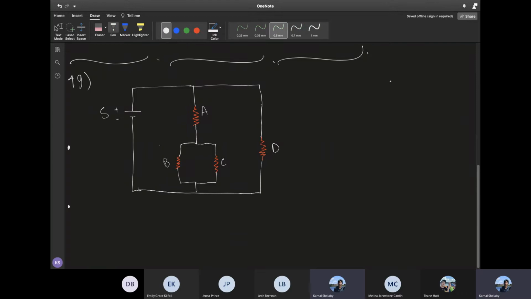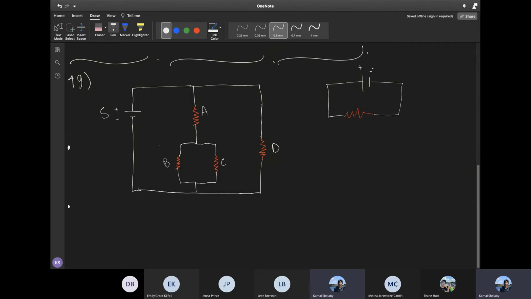Okay, let's just start by drawing a more simple circuit, and we'll get to this one later. Just breaking it off piece by piece. So if this is plus, this is minus.